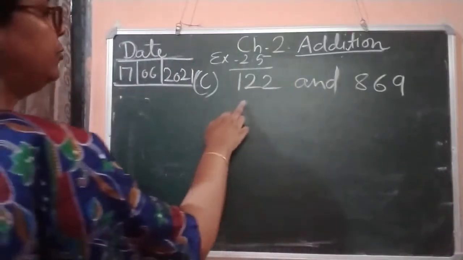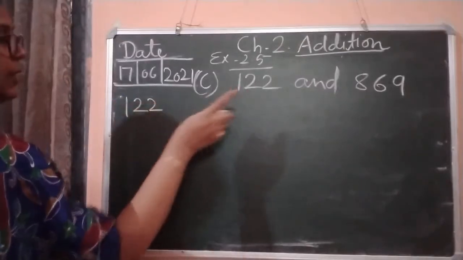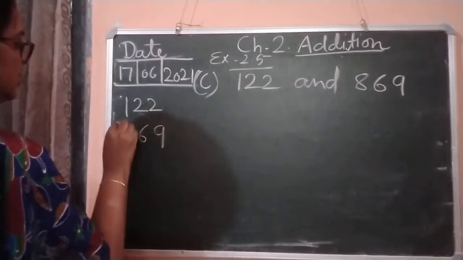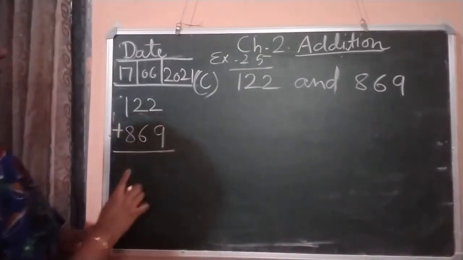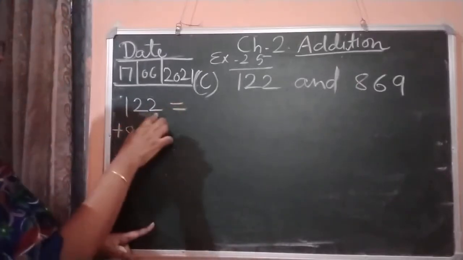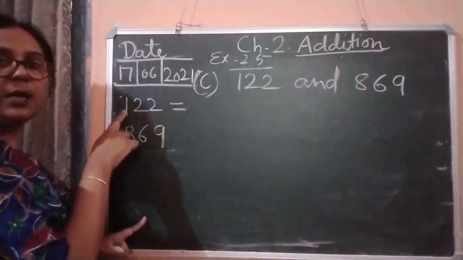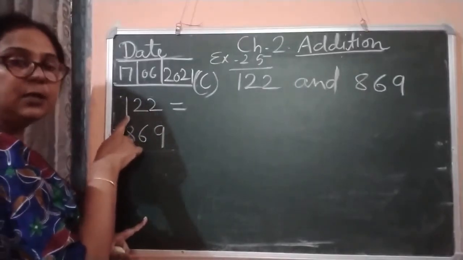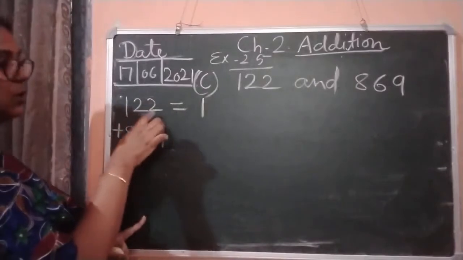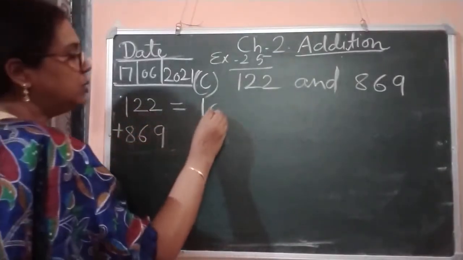Now first of all we will write 122 and then 869 plus. We have to write in the expanded form first. 122, because 1 is at the hundreds place, we will write 1, and after that because 2 numbers are there after 1, we will write 2 zeros.